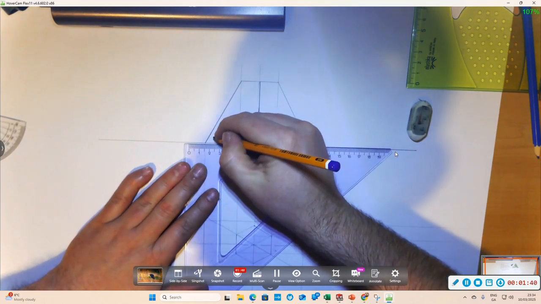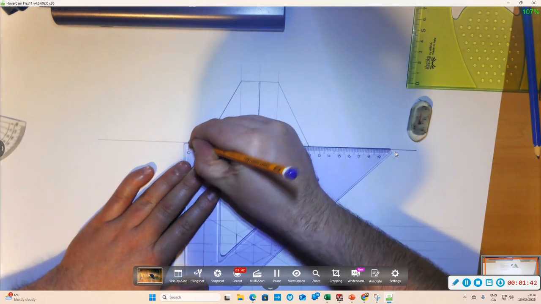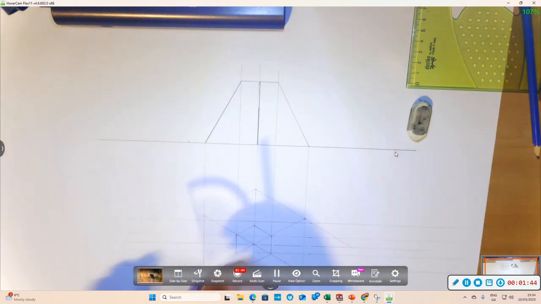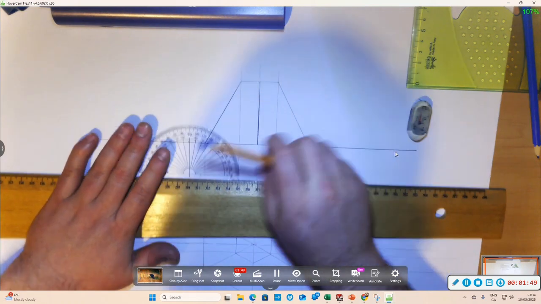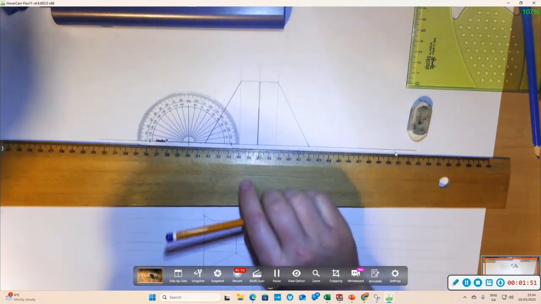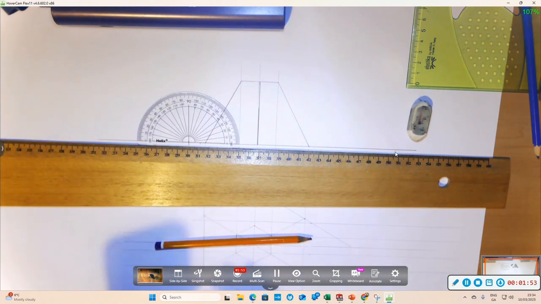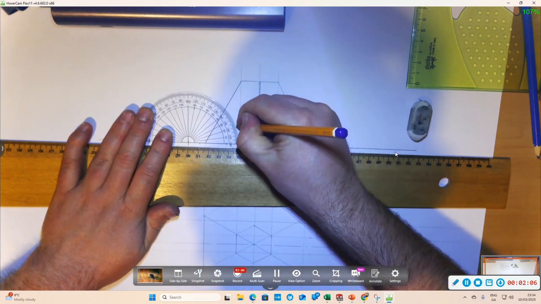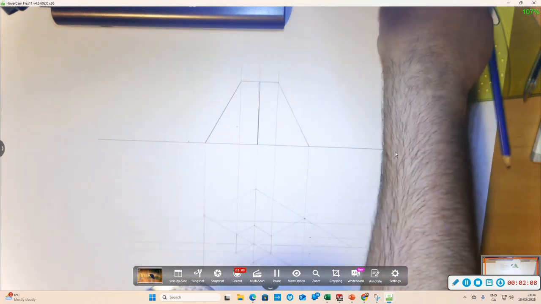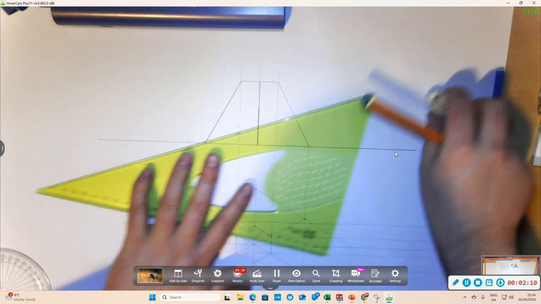So I'm going over 16. So I'm marking a 20-degree line here.